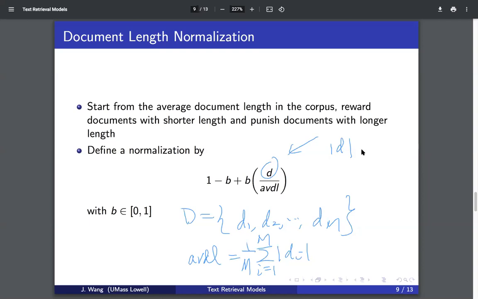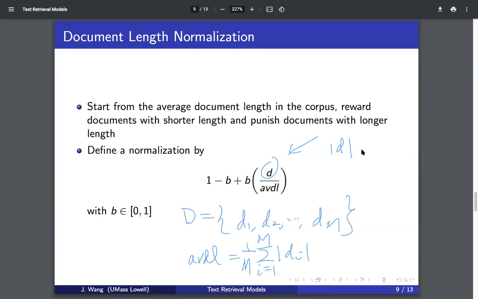So we should give some reward to a shorter document, and we should give some penalty to a longer document. So then the way to do this is to come up with this.